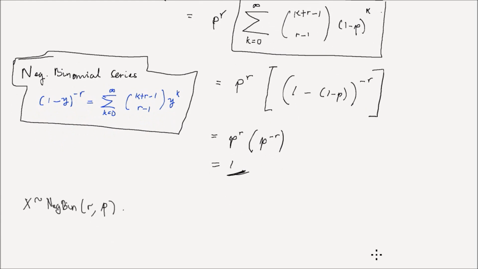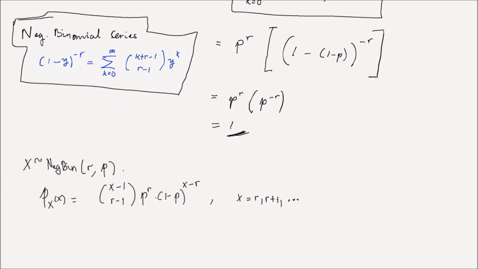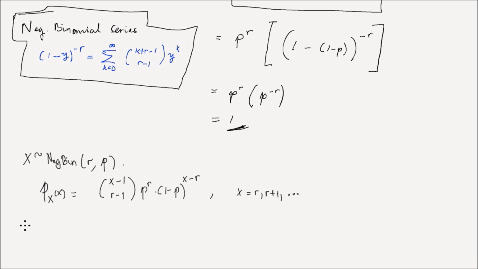The PMF, p_X of little x, is equal to x minus 1 choose r minus 1 times p to the power of r times 1 minus p to the power of x minus r, for x ranging from r to infinity. The next thing I want to do is find the MGF of this random variable.